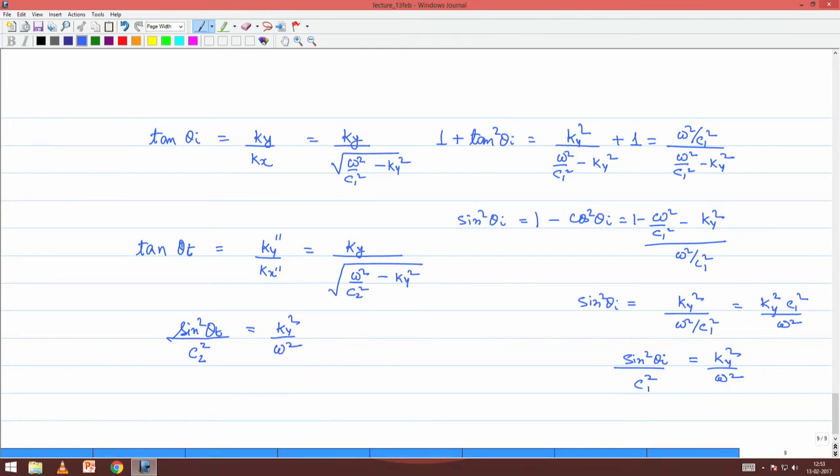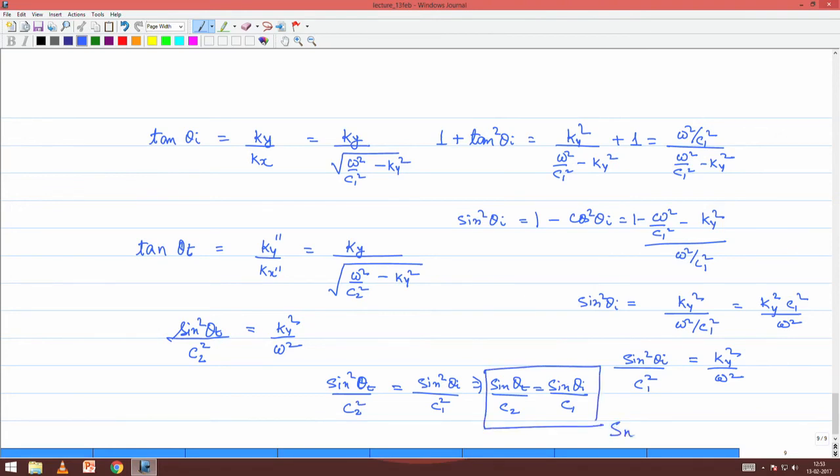So, therefore, sin square theta t divided by c 2 square is the same as sin square theta I divided by c 1 square, which would imply sin theta t divided by c 2 should be the same as sin theta I divided by c 1, and this you will recall is nothing but Snell's law.